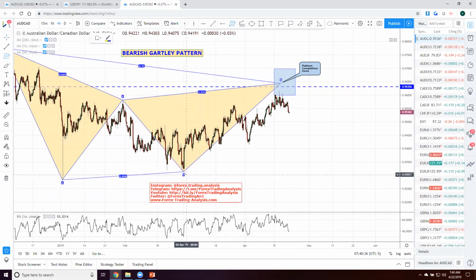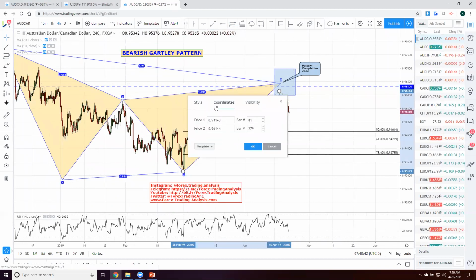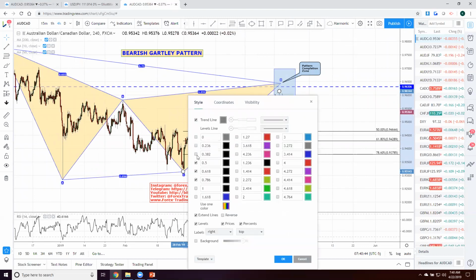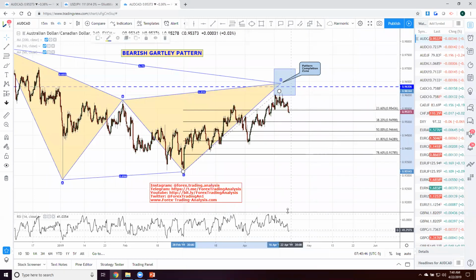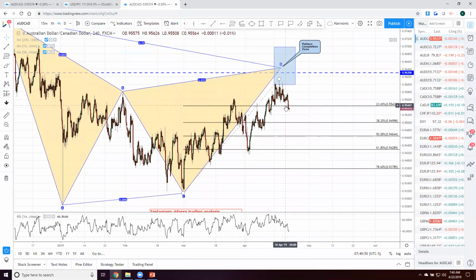So when you look at those type of patterns, you're generally looking at a pullback to a couple different areas for seeing a bounce. We've already reached one of those minor reversal areas, which is a 23.6 fib.